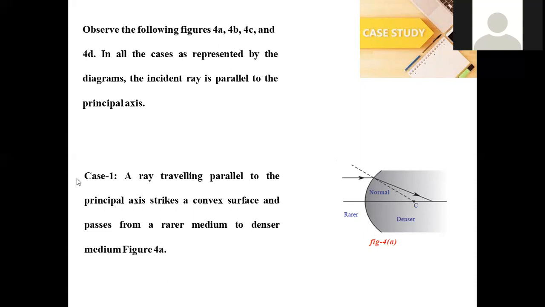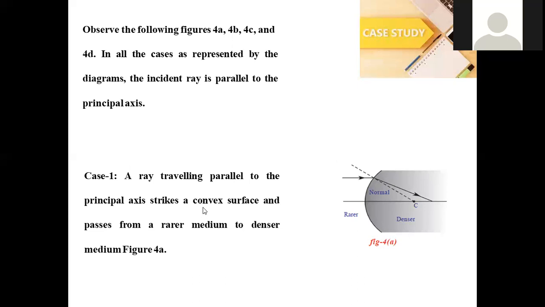So this is case 1. Let us discuss case 1. Case 1 is nothing but condition 4A. So here is the 4A. Parallel light hits the surface of the curvature, and light will participate in bending when it is moving from one medium to another, right? A ray traveling parallel to the principal axis strikes the convex surface.